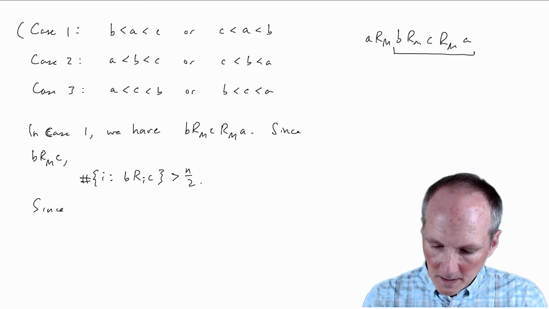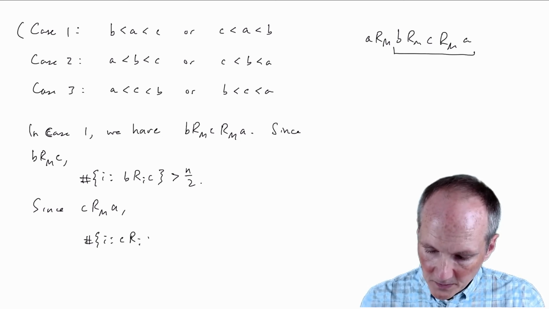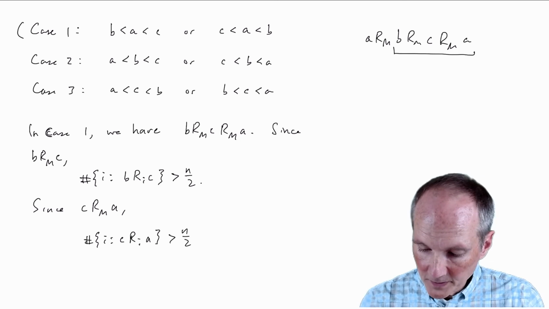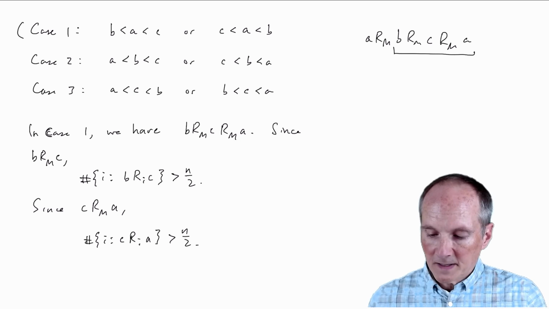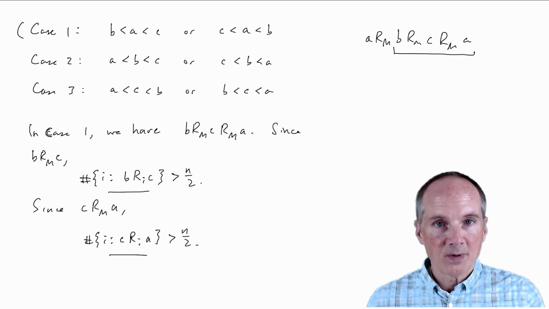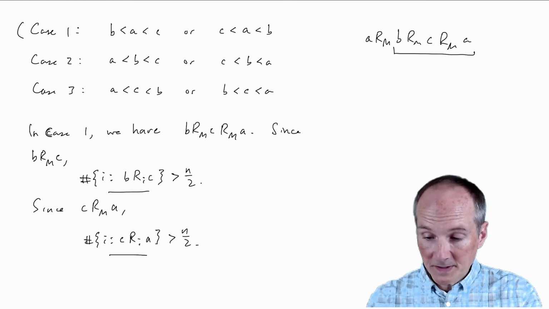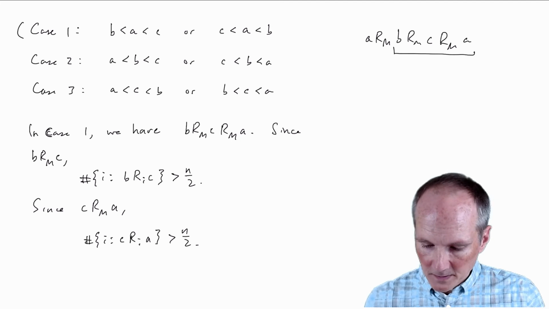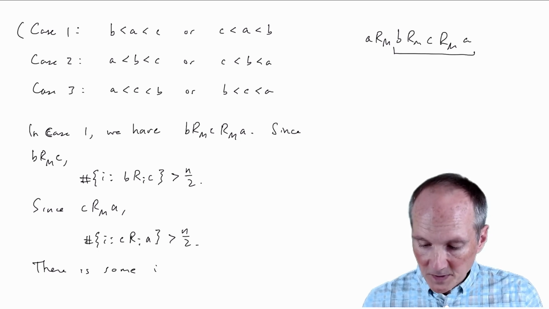Since C is weakly majority preferred to A, that means the number of people who weakly prefer C to A is also greater than n over 2. It's a majority, okay? So that means that these 2 groups must overlap, right? If you have 2 majority groups, their intersection must contain at least one individual. There's some individual i, who's in the first group.